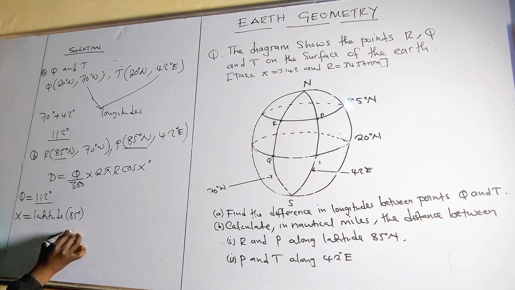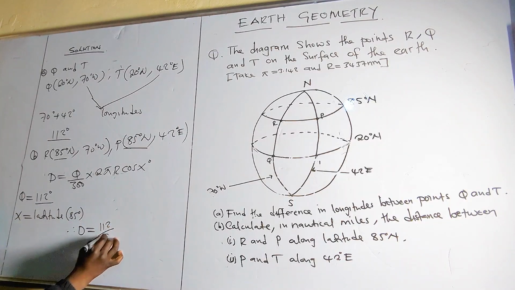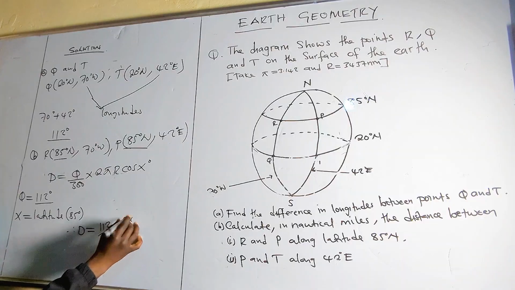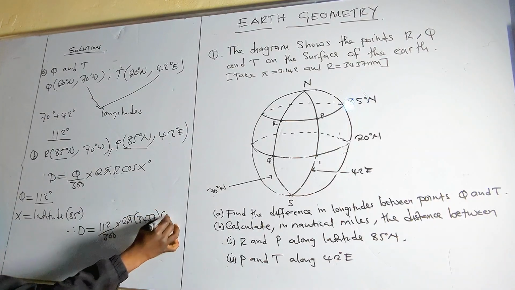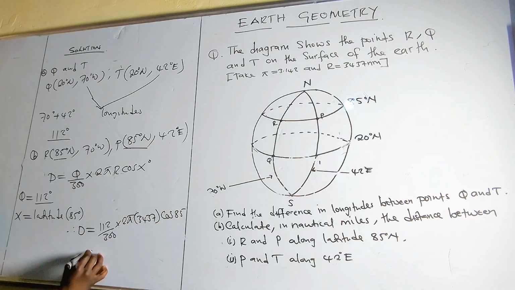So therefore this distance will be equal to theta, which is 112 over 360 times 2 pi, then r is 3437, cos 85 degrees. What are we getting?